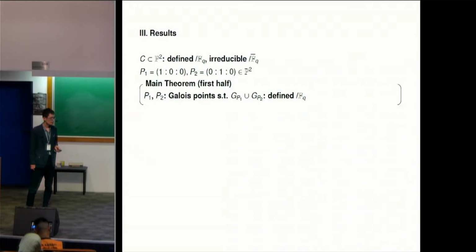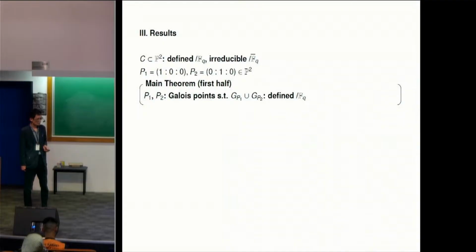Assume that P1 and P2 are Galois points such that any automorphism coming from G_P1 and G_P2 is defined over Fq, where G_P1 is the Galois group coming from the Galois extension according to the Galois point.